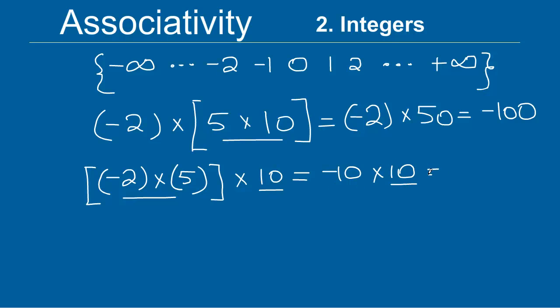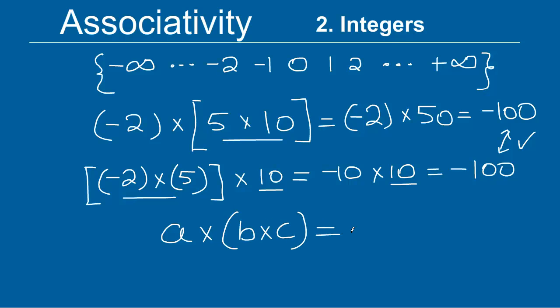So 10 times 10 is 100, and we have minus times positive is a negative number, -100. So we see these two are actually equal. So we notice that when it comes to multiplication, A times within brackets B times C is actually the same as open bracket A times B, bracket close, times C. So we say that for multiplication, it is associative.